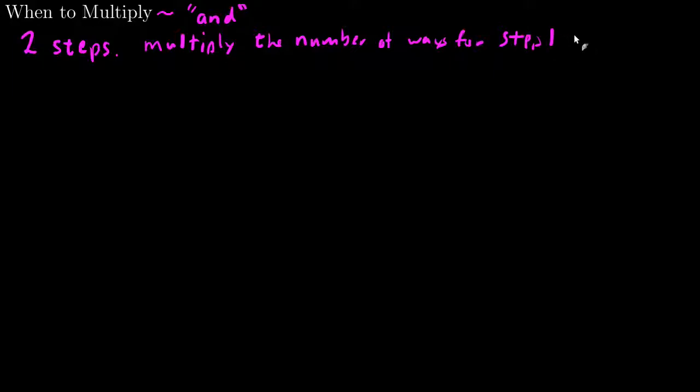So if you have these 2 steps, you can multiply the number of ways for step 1 to occur to the number of ways for step 2 to occur.